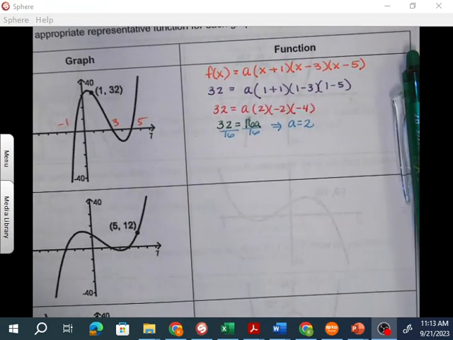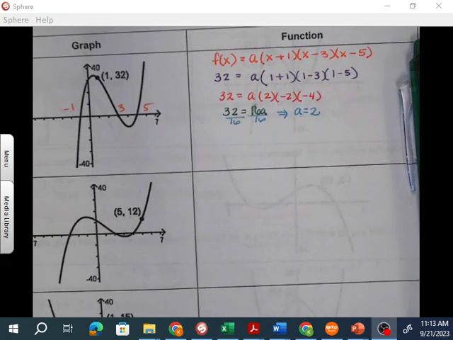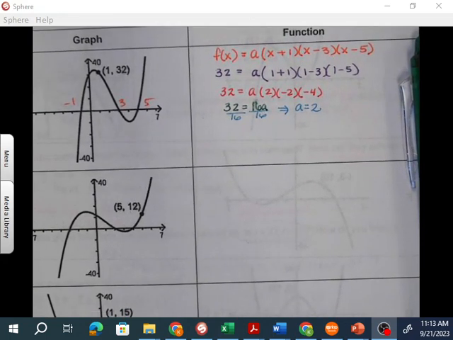So I got a equals 2. Then you have to go in and multiply it out.